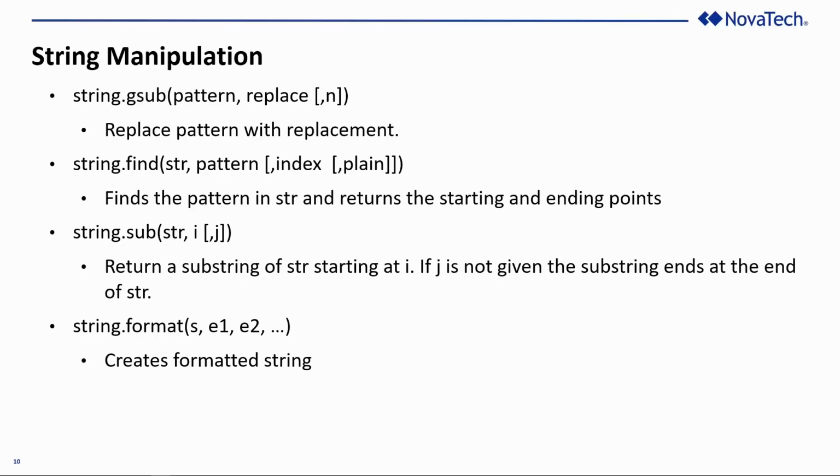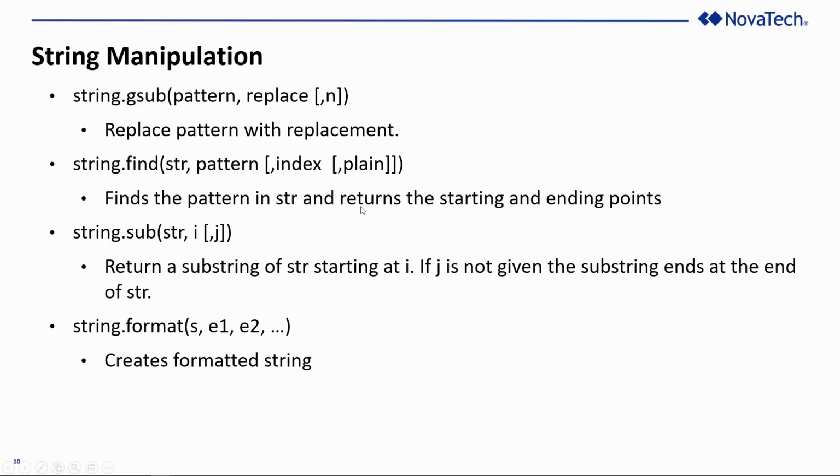String find finds the pattern that you say from a string. So you tell it, hey, here's a string, find this in that string, and it returns the starting and the end points of that pattern. And then we have string substitute, or not substitute, sorry, substring.